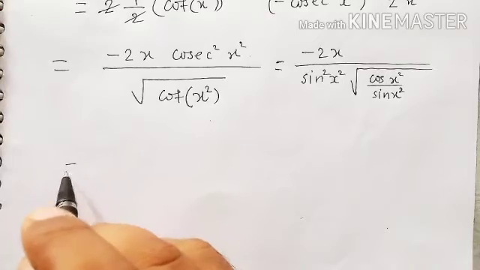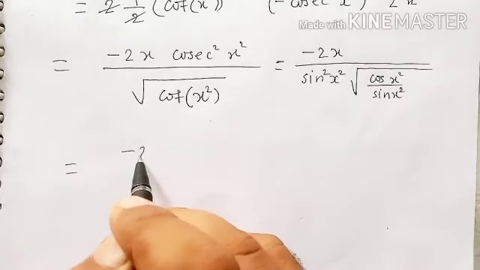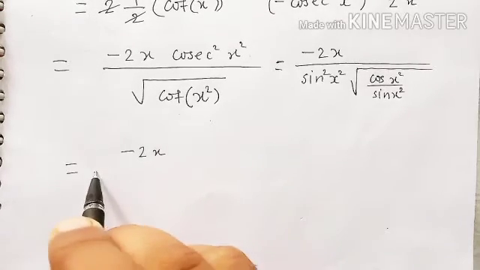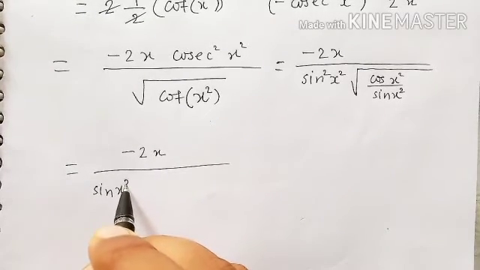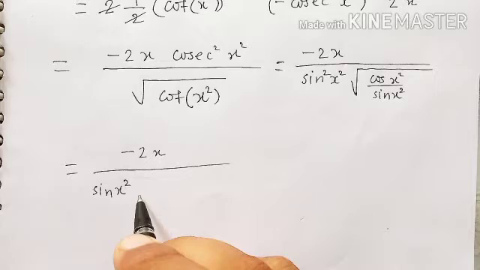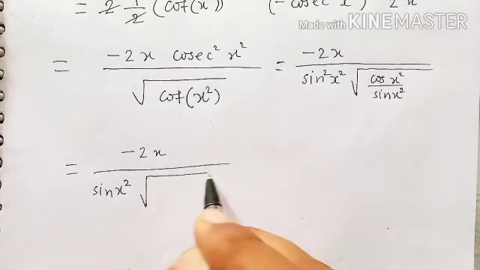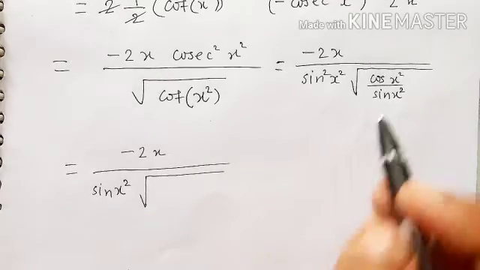Now this is minus 2x, and here you can write sin x², and here a square root of sin x².